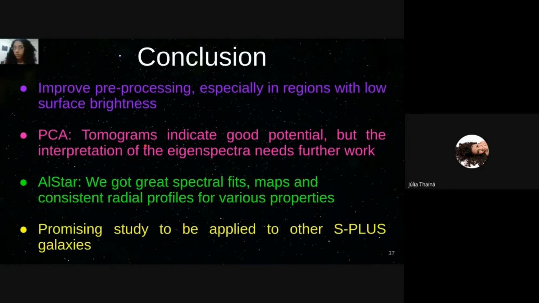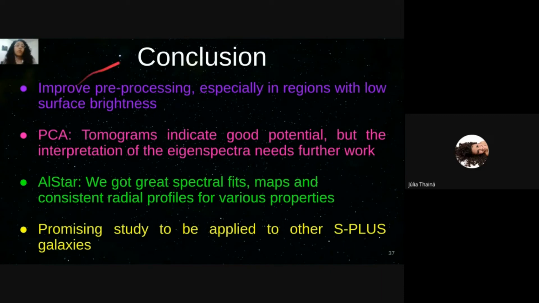Finally, the conclusions. First, we need to improve the preprocessing, especially in regions with low surface brightness. With PCA, the tomograms indicate good potential, but the interpretation of the eigenspectra needs further work.